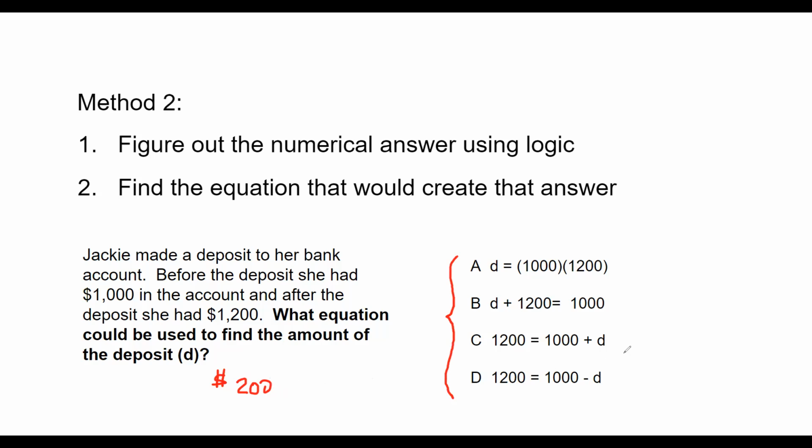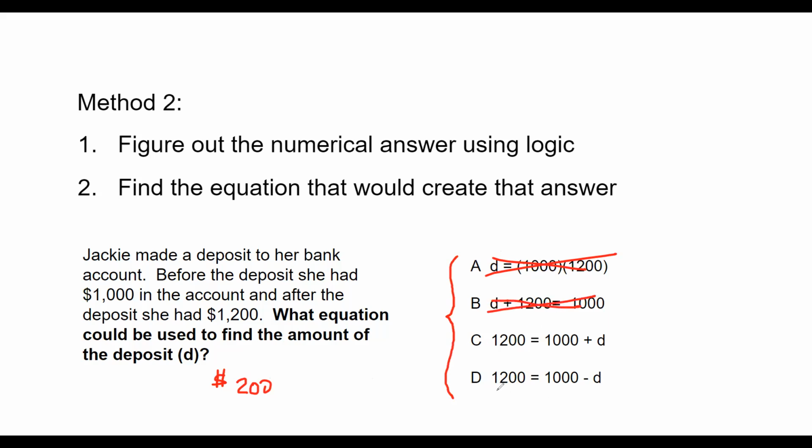In other words, if we put 200 in for the variable D, which one would it make true? If we multiplied 1,000 and 1,200, we're going to get a really big number, so it's not that one. If we took 200 and added it to 1,200, we're not going to get 1,000, so B is out.